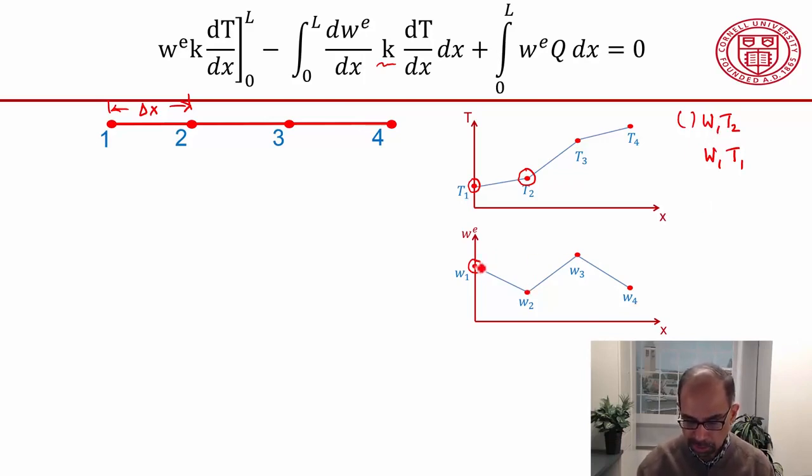Then let's consider W2. When you do the integration over the first element, you will get a term where W2 multiplies T1. You will also get a term where W2 multiplies T2.